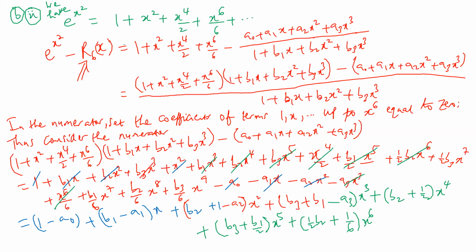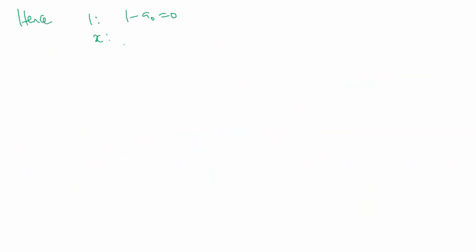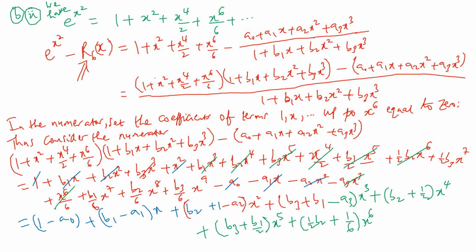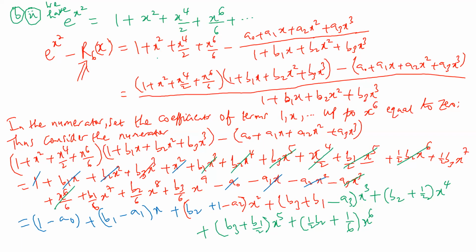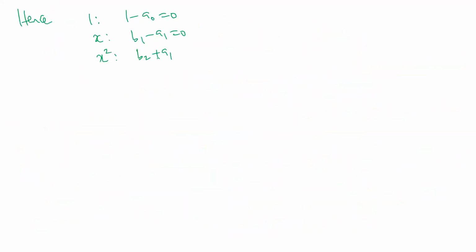The one for x is b1 minus a1. And then x squared, b2 plus a1 minus a2, no, let's check. b2 plus 1 minus a2.